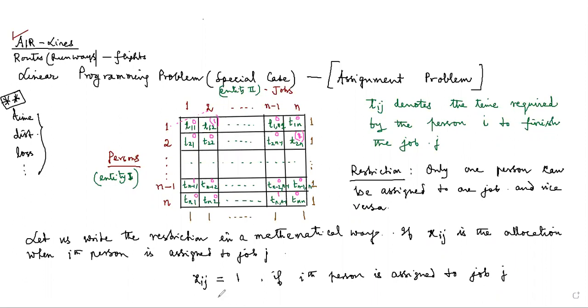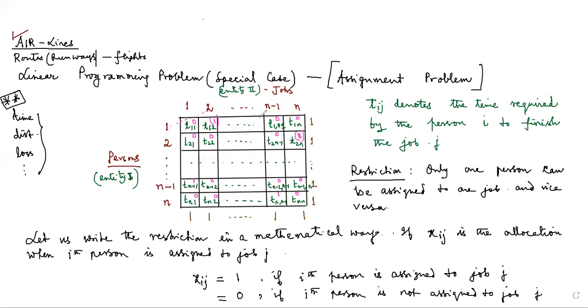And another restriction is that Xij is equal to 0 if the ith person is not assigned to job j.